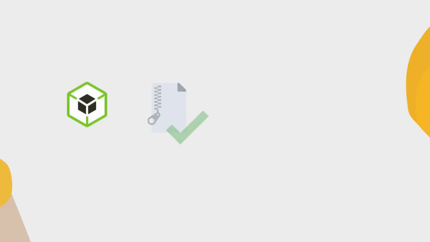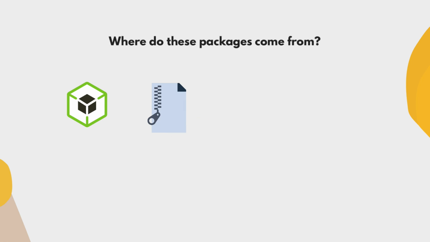Great, so we've seen how to use the apt package manager to install packages. But where do those packages actually come from? Where does the package manager find the software we want to install, and where does it find all its dependencies that it also installs? And these packages are files, right? So they need to be stored somewhere.